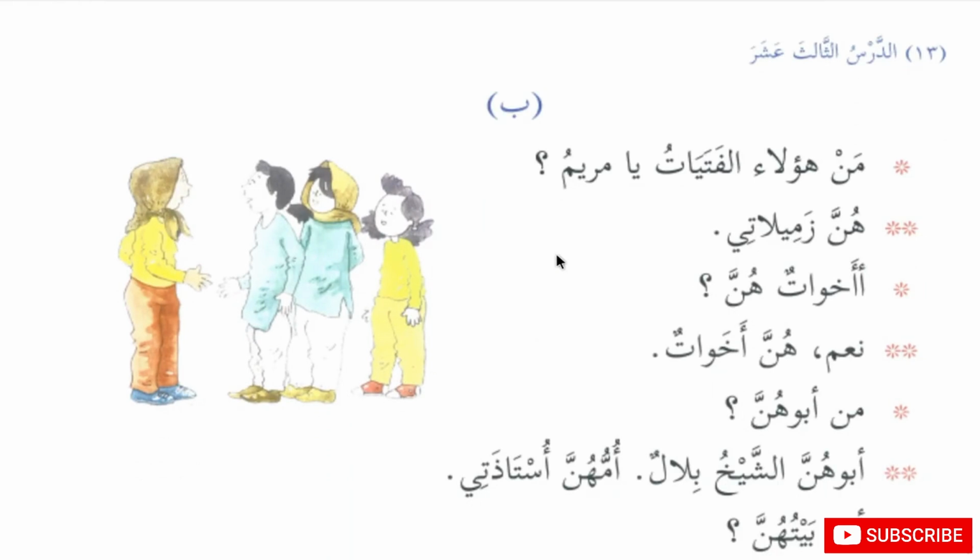Now this part, this is where we're going to learn about female pronouns for plurals. So man haulai, again haulai can be used for male or female plurals. Man haulai al fatayatu ya Maryam. Fatayatu is the plural of fatah, but not fatah with a ya, fatah with a ta marbuta, which we saw in the other lesson.